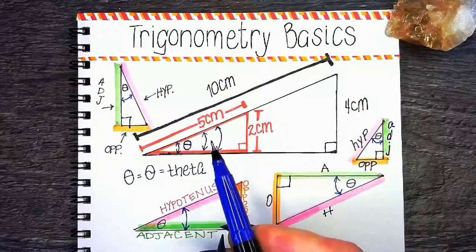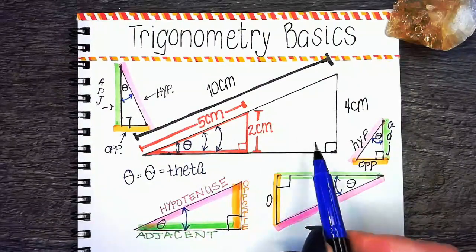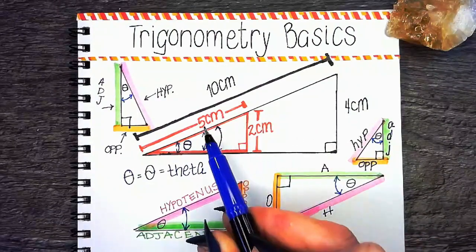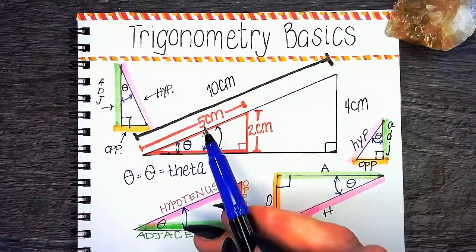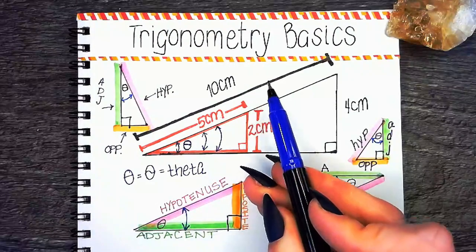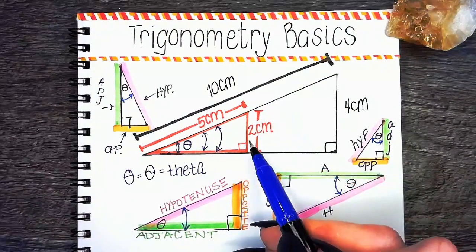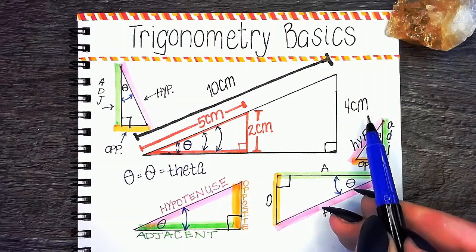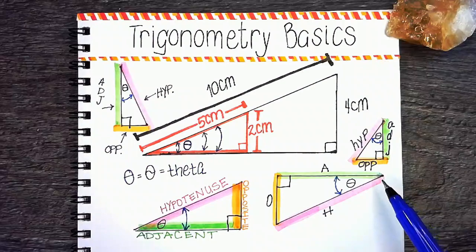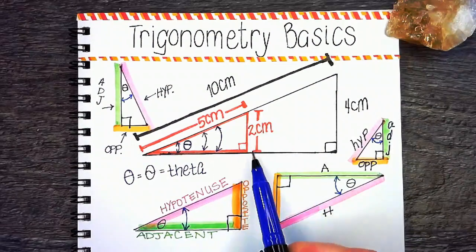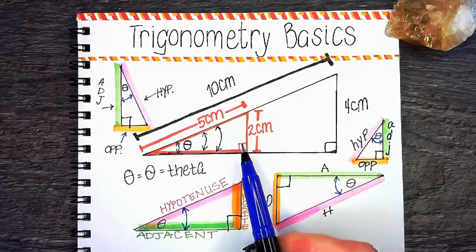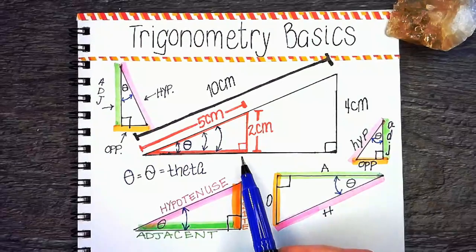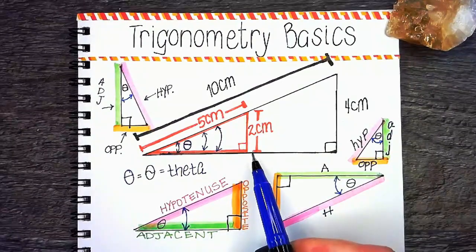What is it that we know about the red and the black triangle? 5 is the hypotenuse, 10 is the hypotenuse. 2 is the opposite leg, 4 is the opposite leg. If you said that you know that these two triangles are similar to one another, then you would be correct. They also have a scale factor.